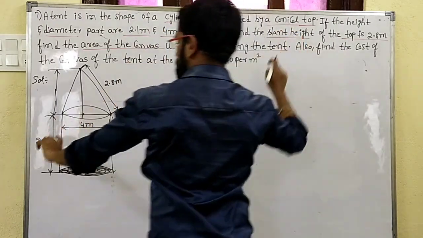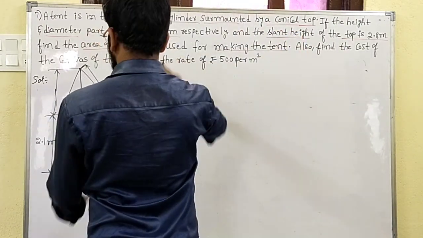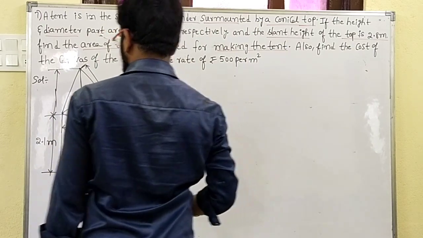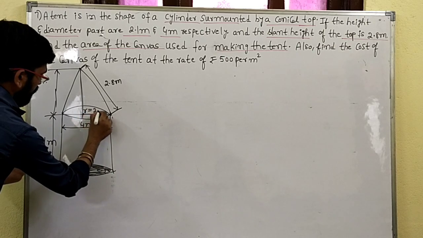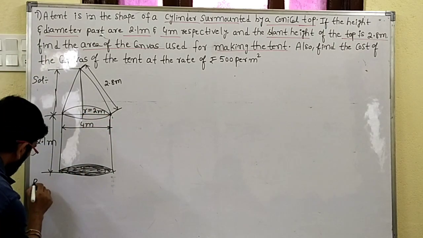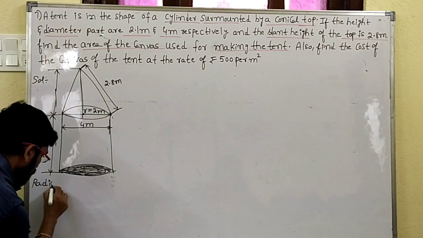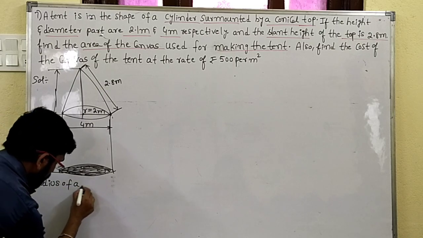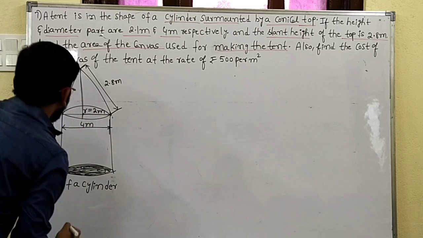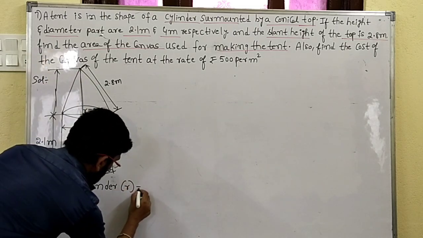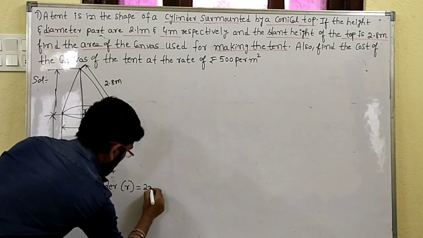So 2.1 meters is the height of the cylinder, and diameter 4 means the radius will be 2 meters. Right, here the radius of the cylinder R is equal to 2 meters.